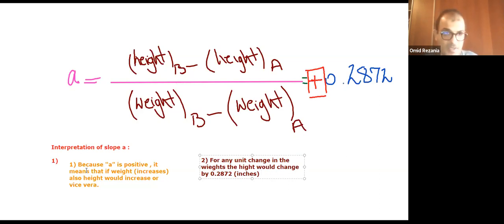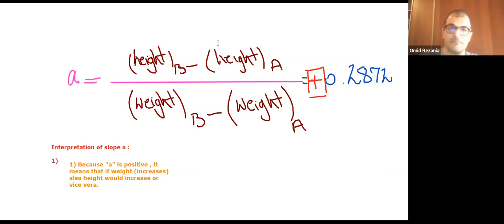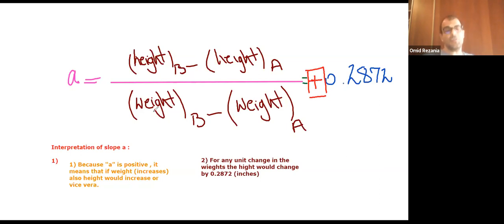This is also very crucial. Then we have the second interpretation. These two interpretations are extremely important, and one of them is essentially a direct consequence of the positive sign here.